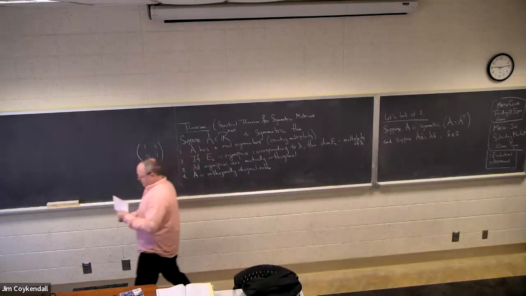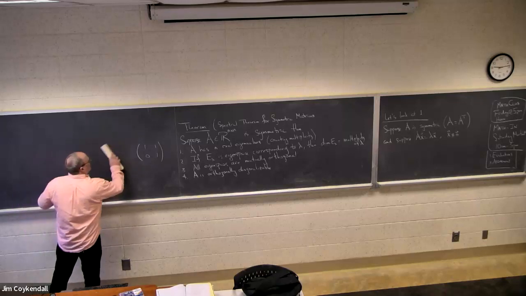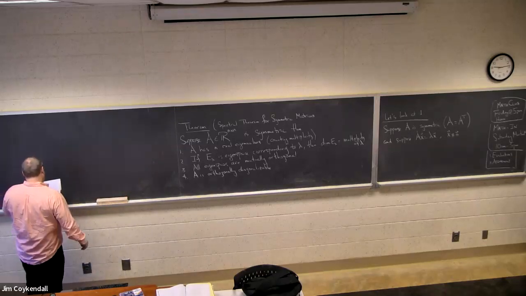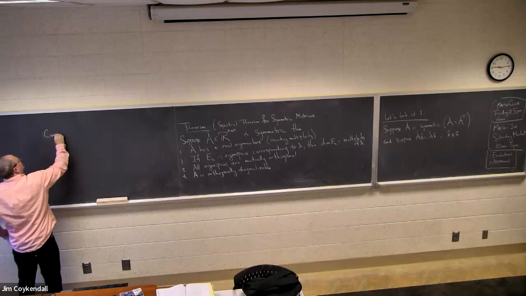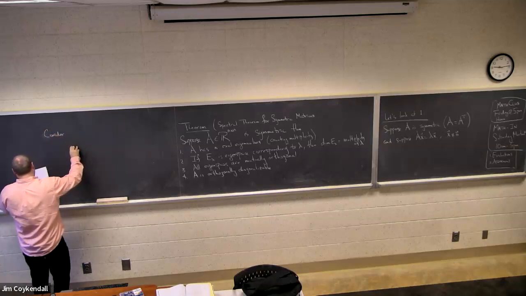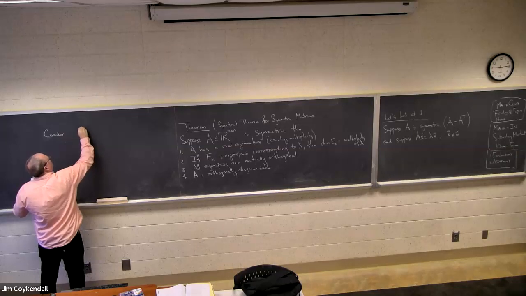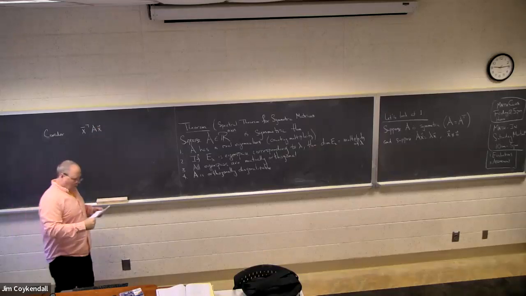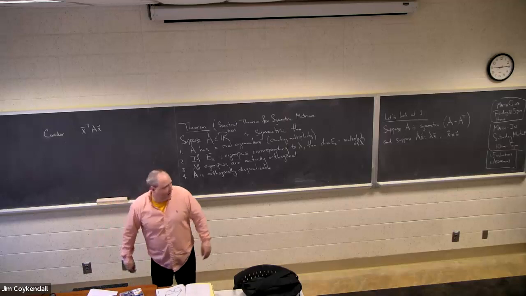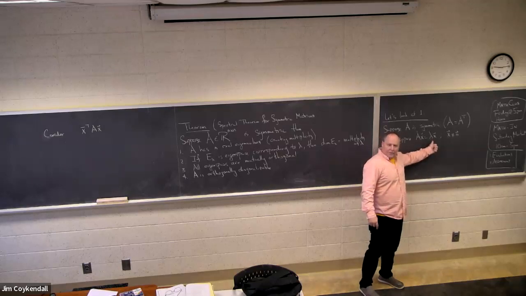So how would I do that? Let me point out before I get too carried away that my starting point is I don't know anything except that A is a symmetric matrix.